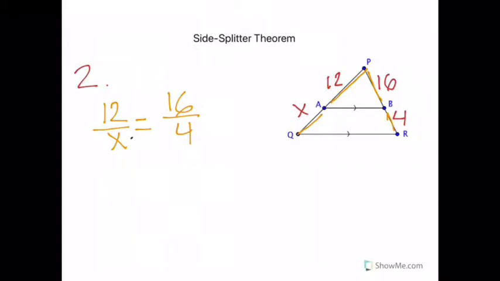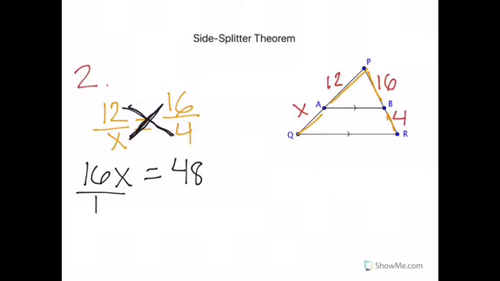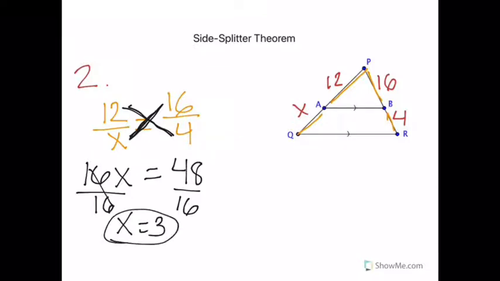Then I cross multiply. x times 16 is 16x. I always start with the two that include the x, and then multiply the other two together, 12 times 4, which is 48. Divide both sides by 16. x equals 3. So this missing segment here is 3.